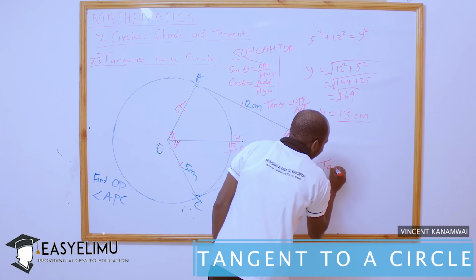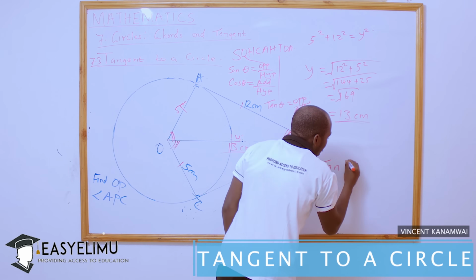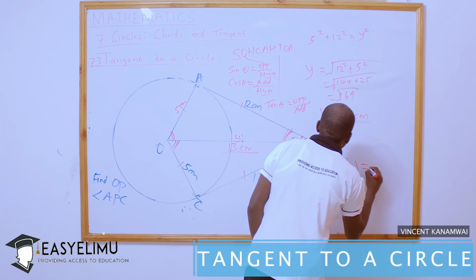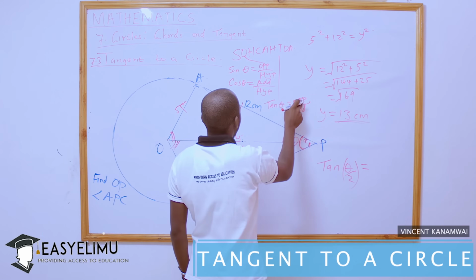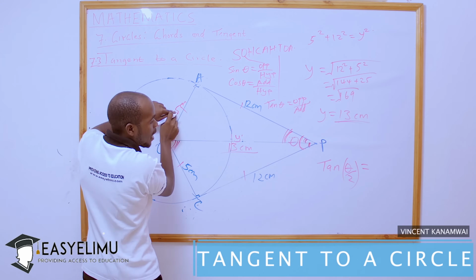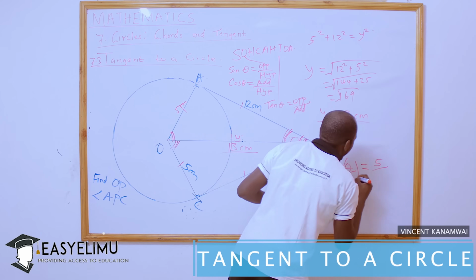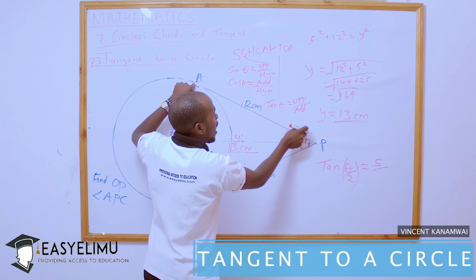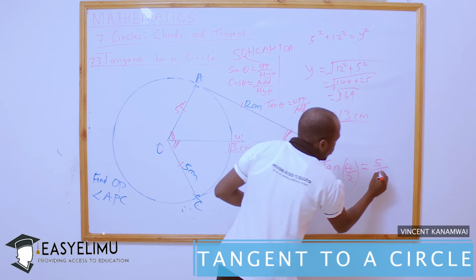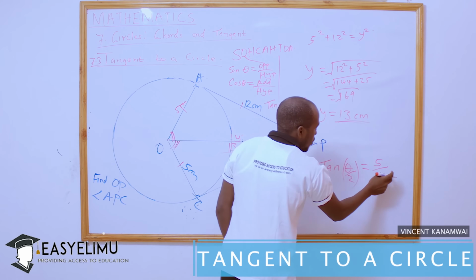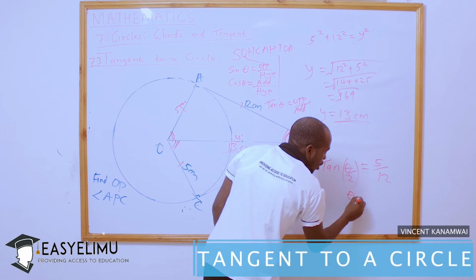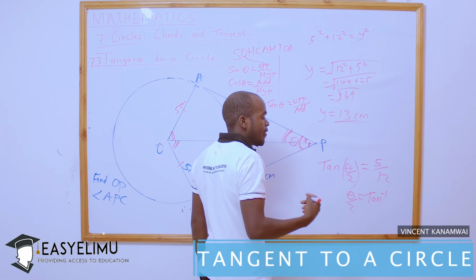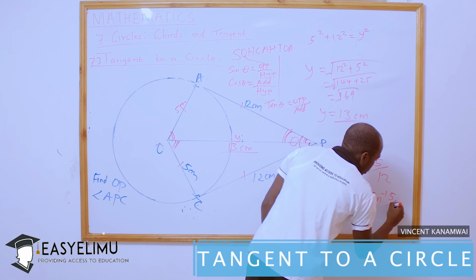The tangent of theta over 2 is equal to the opposite, which is 5, over the adjacent, which lies within the angle and is not the hypotenuse, which is 12. So if we want to find theta over 2, we need the inverse tangent of 5 over 12.